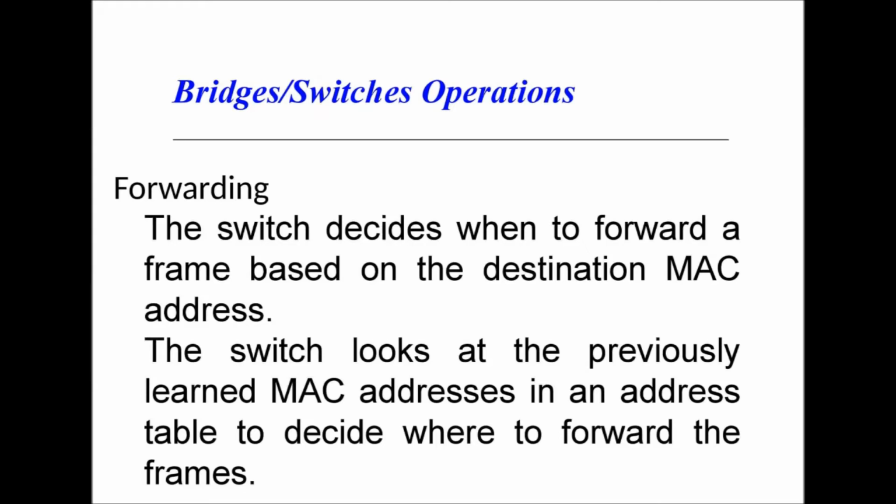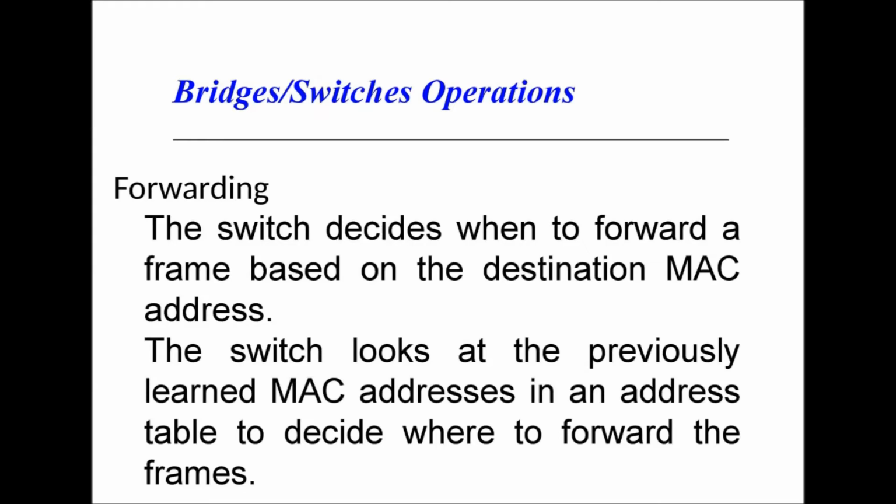So what is the learning process? The learning process is basically to obtain the physical addresses or MAC addresses of all the devices connected in a local area network, in one segment, to a specific switch. And as the switch is a layer 2 device, it works at the data link layer, and it is an intelligent device, the switch performs unicasting on the basis of MAC addresses.